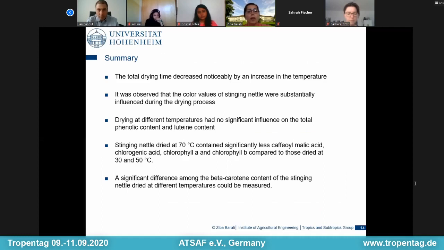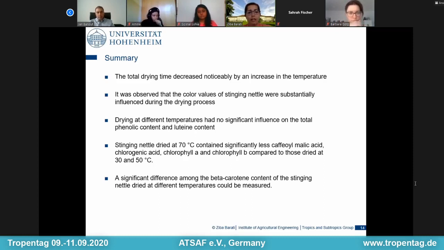To sum up this presentation, I would like to mention the main findings of our research. We found that the total drying time decreased noticeably with an increase in the temperature. We also found that the color value of stinging nettle was substantially influenced during the drying process. Moreover, drying at different temperatures had no significant influence on the total phenolic content and lutein content.